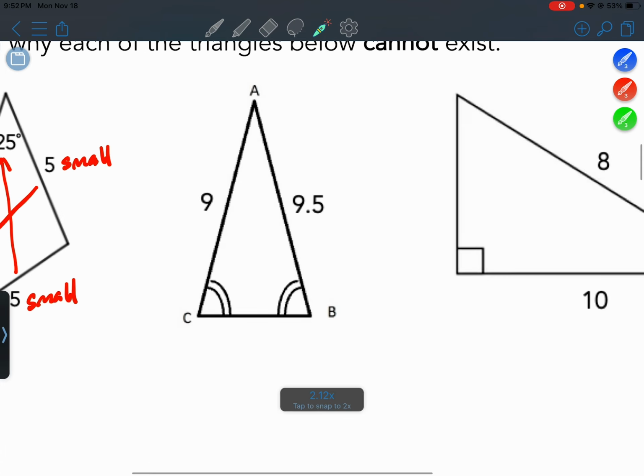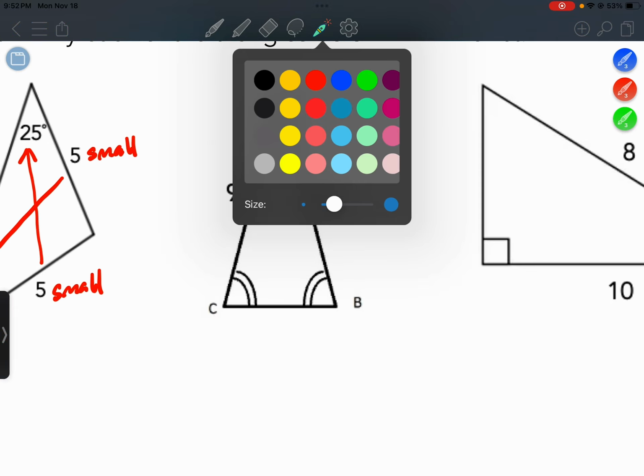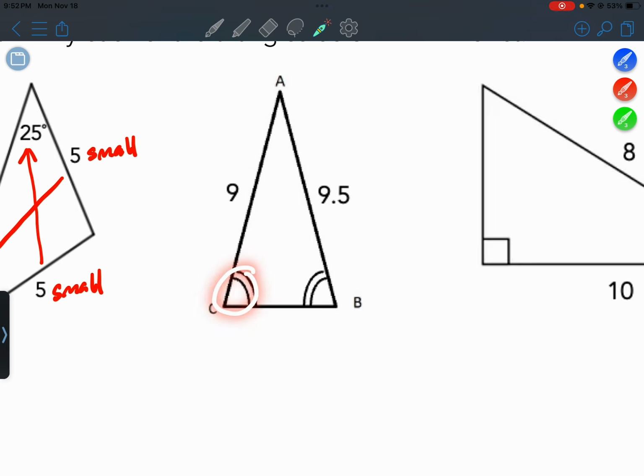In our next triangle, we're going to use the same argument. Notice that we have little markings on these 2 angles. That's saying those 2 angles are congruent, they're the same size. Now this one here is clearly a smaller angle, so these 2 would be tied for the biggest angle, because they're congruent.